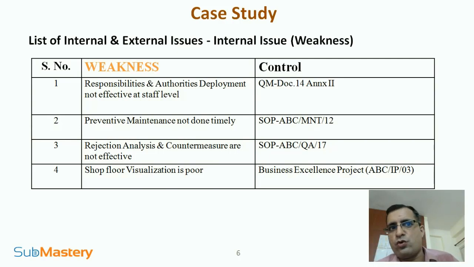Now once these weaknesses have been identified, we need to have a control or action plan in place, because this is something which we actually want to improve. This is something where we want our quality management system to focus. What would be the advantage of identifying these weaknesses?